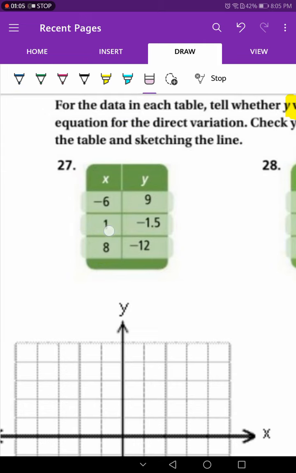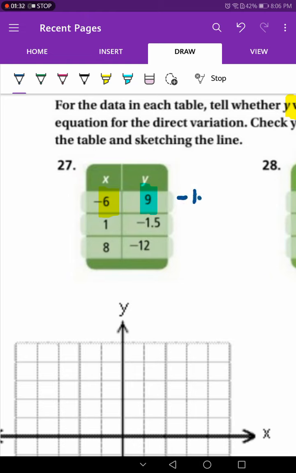Here I have y and x in each row, so I will divide 9 over negative 6, which equals negative 1.5. This is the first value of k, negative 1.5.